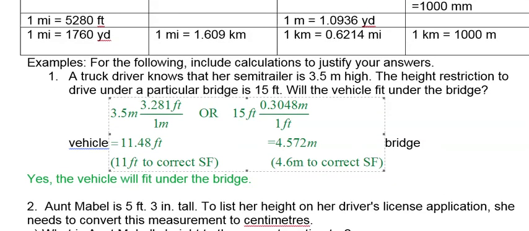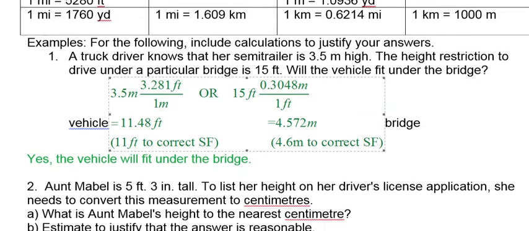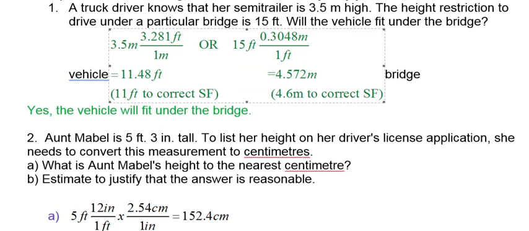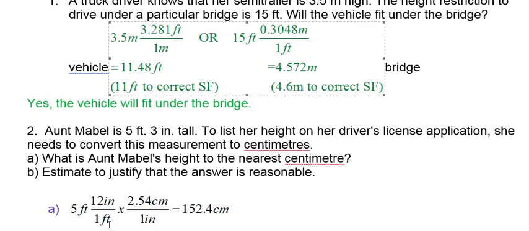So Aunt Mabel is 5 feet 3 inches tall, and she needs to convert this number to centimeters to see if they've got it right on her driver's license. If we're converting to centimeters, we start by taking those feet, and we can get a little closer to centimeters by going to inches.